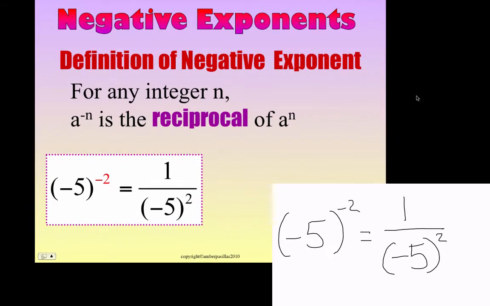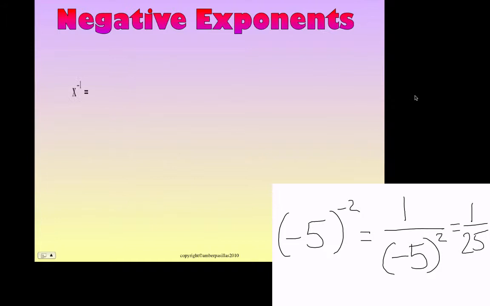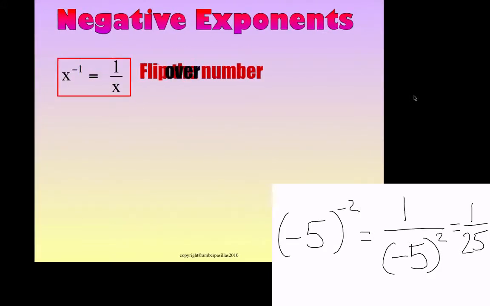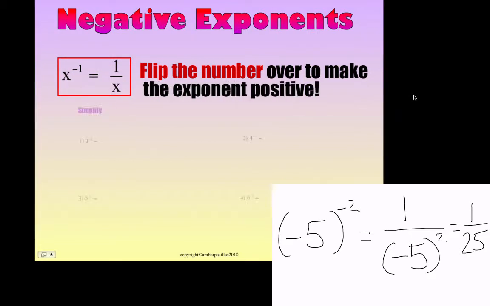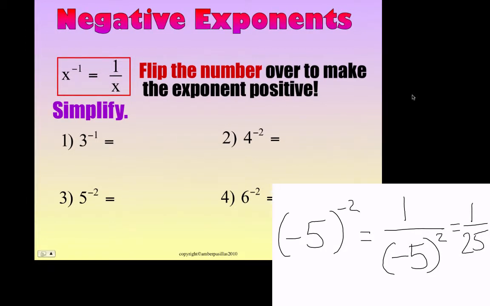And then when you do the multiplication, you're going to get 1 over 25. Hopefully that makes sense. So this is a summary. We flip the number over to make the exponent positive. So take a sec, hit pause while you try these examples, and then we'll work them out.